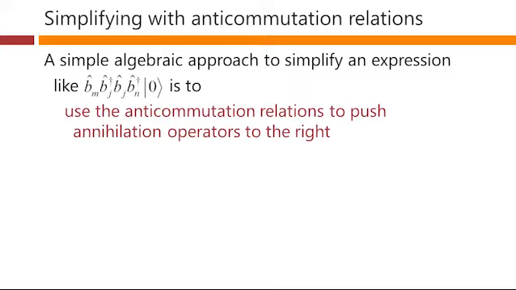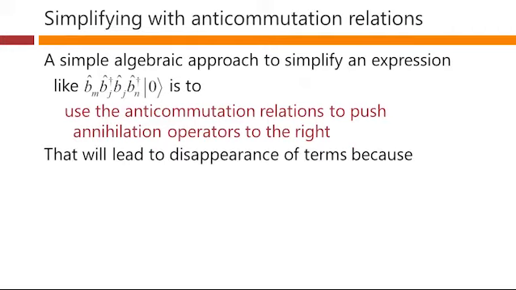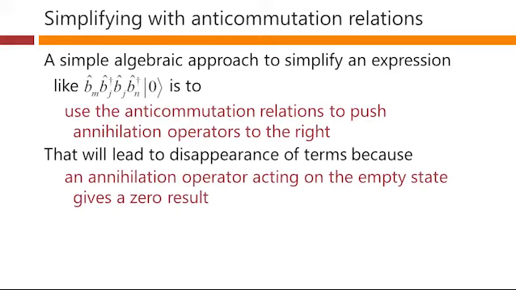You're going to use the anti-commutation relations everywhere you can to push annihilation operators to the right. That's the trick. And that will lead to disappearance of terms because an annihilation operator acting on an empty state gives a zero result. So if we manage to push annihilation operators to the right, they'll be operating on an empty state, and all terms with annihilation operators on the right operating on the empty state will vanish.